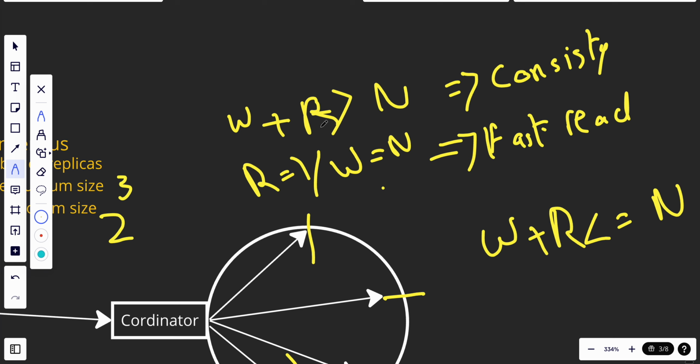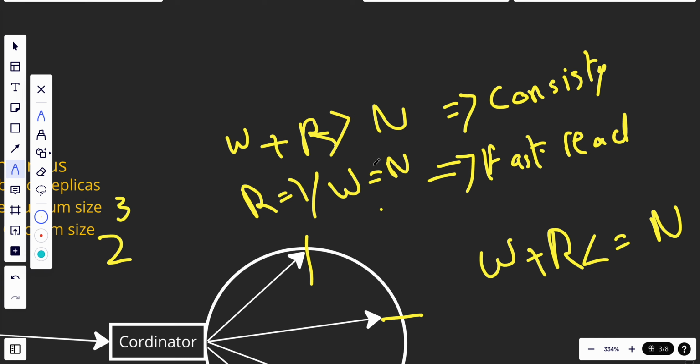Each option has its pros and cons, because when we have high consistency, our latency will be higher. So it's a trade-off. If we want low latency, we will sacrifice some level of consistency.